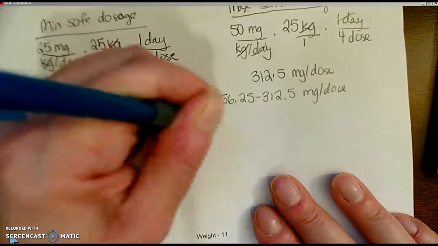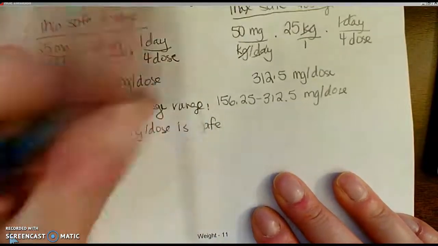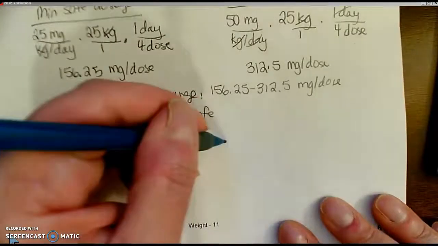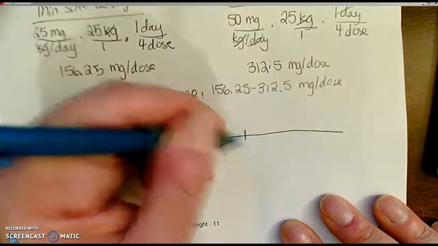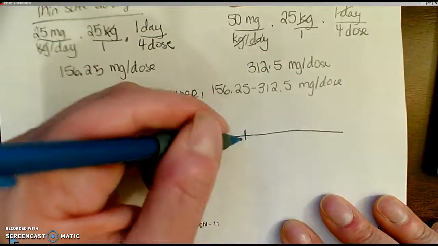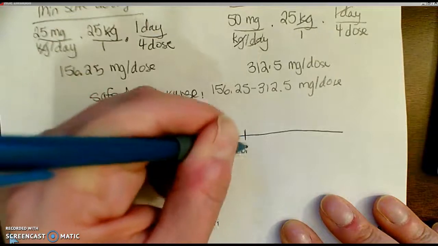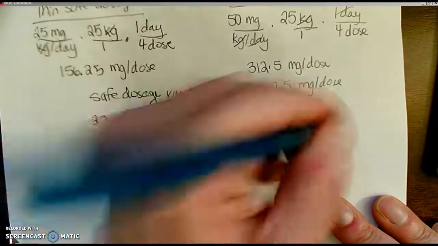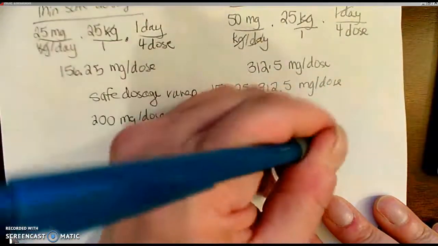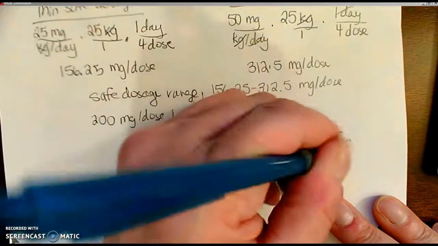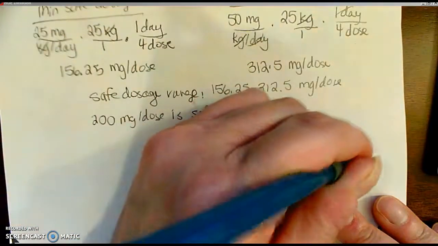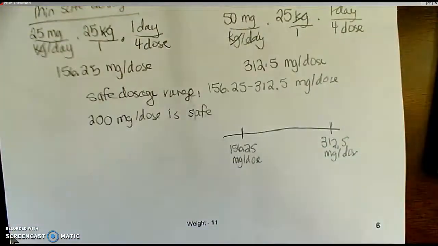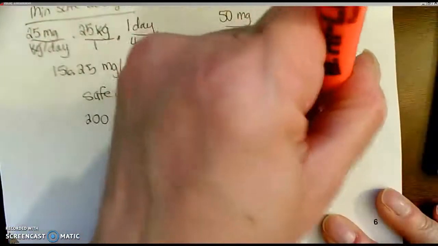So let's go ahead and look at it on a number line. If we were drawing our number line, the low end, the minimum safe dose, is 156.25 milligrams per dose, and the high end is 312.5 milligrams per dose. So the safe dosage range is between these two.